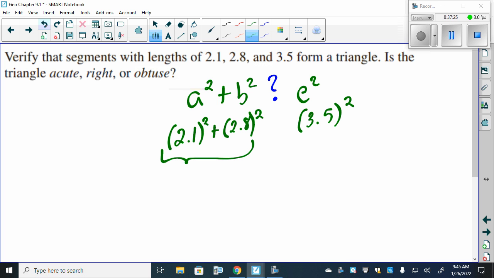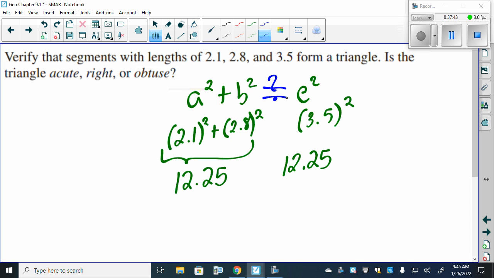Yep. 12.25, and 3.5 squared is 12.25, yes?